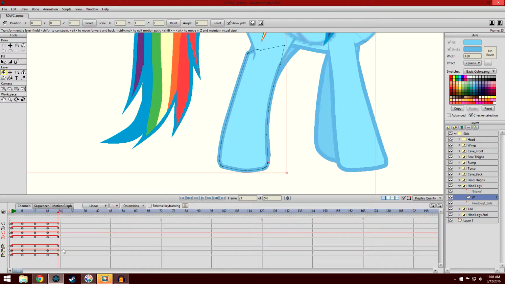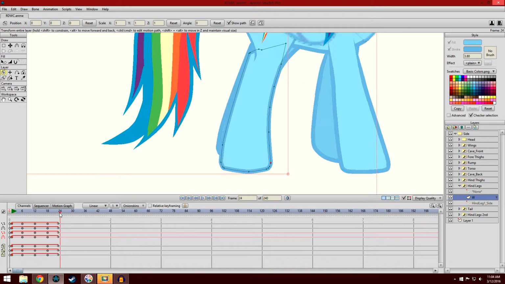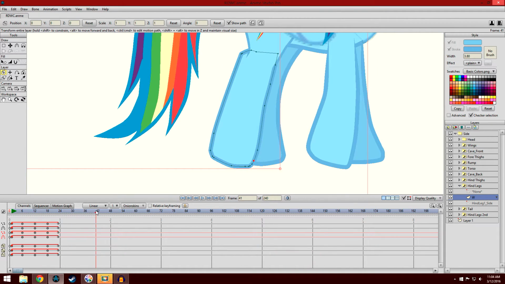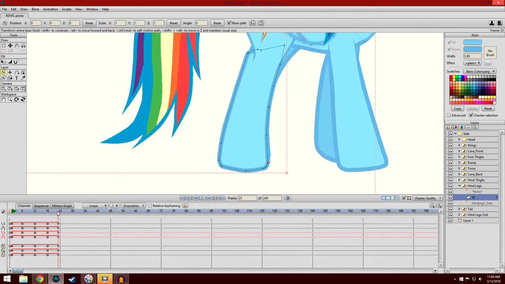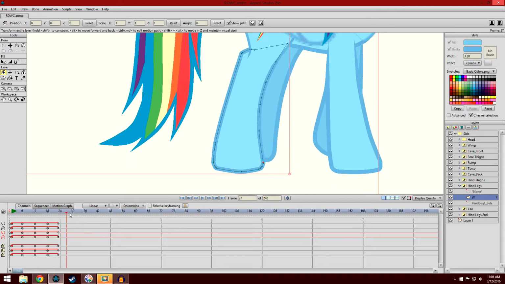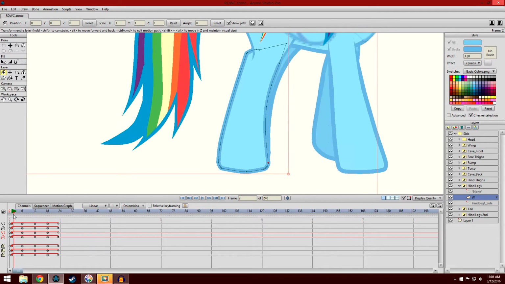And what that'll do is, immediately after the second to last frame, it will go back to the first frame and continue the animation smoothly without any hindrance. None. And it will continue that way.